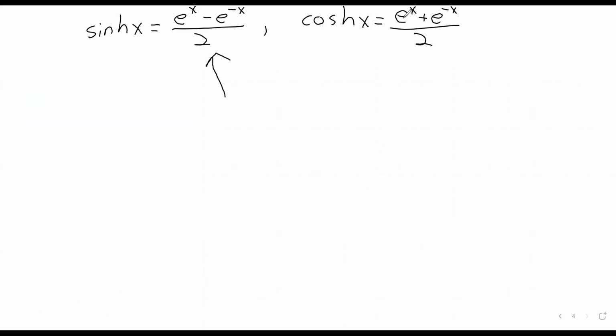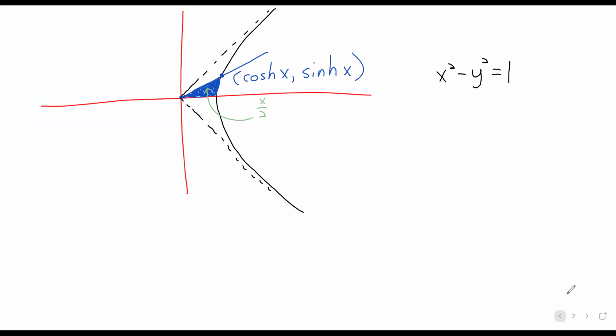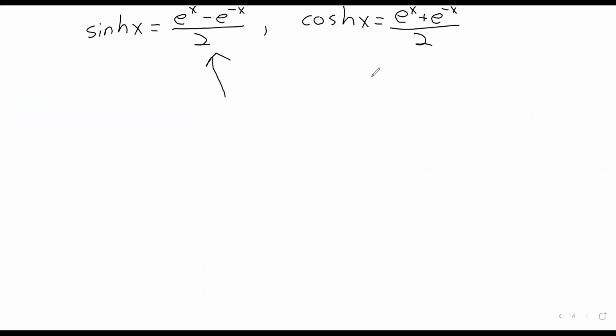I keep struggling over the word define because I defined the hyperbolic sine and the hyperbolic cosine using geometry. So it's a little awkward to keep talking about definitions, but a lot of textbooks will skip the geometry and just define the hyperbolic sine and the hyperbolic cosine in terms of the exponential.